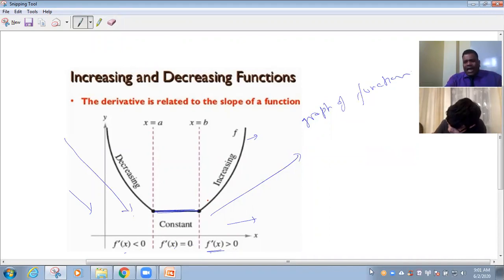There are many problems based on that, so try them. The increasing and decreasing domain and range will continue in the next class. There are many more than 60 slides we have. So I'm going to stop the class here.